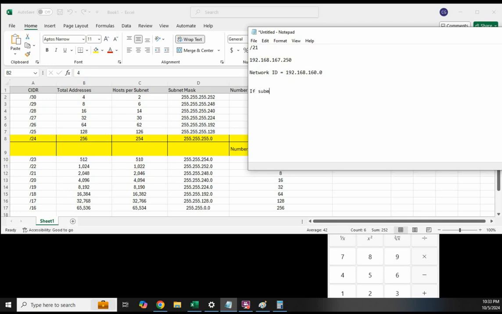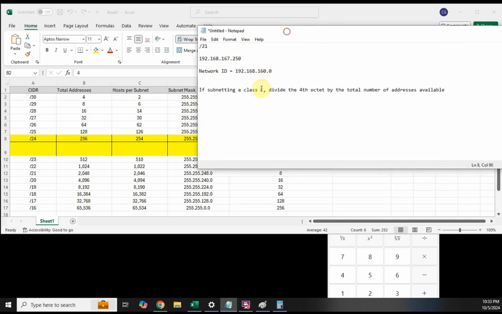If subnetting a Class C, divide the fourth octet by the total number of addresses available to get the network ID.